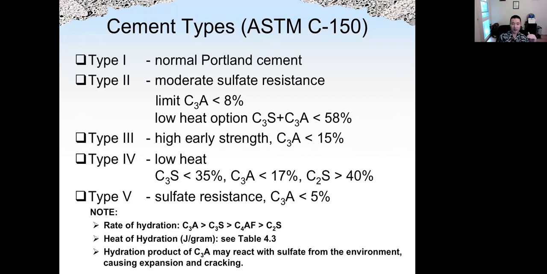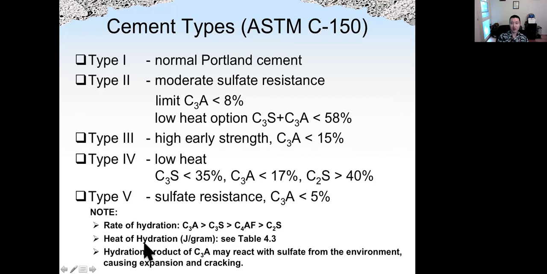Here are some of the key points to help us remember these details. Okay, first of all, the rate of hydration, or how fast these compounds react with water, is ranked as this: C3A more than C3S, more than C4AF, more than C2S.